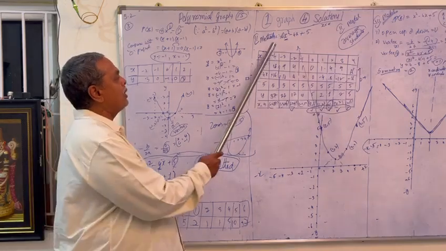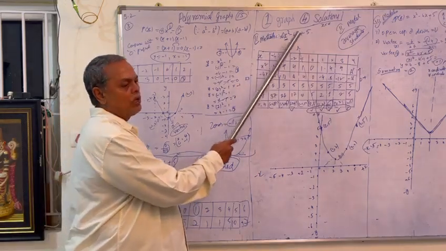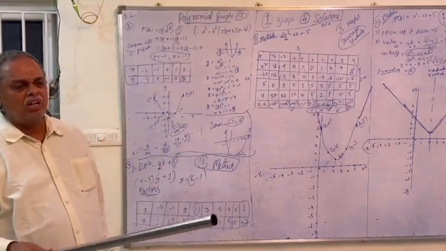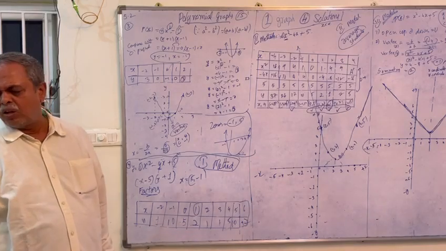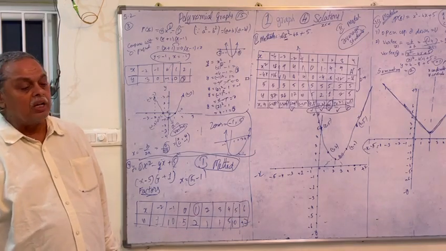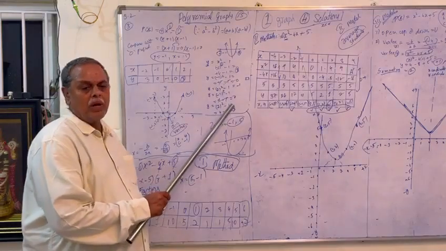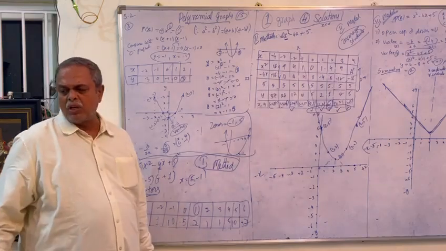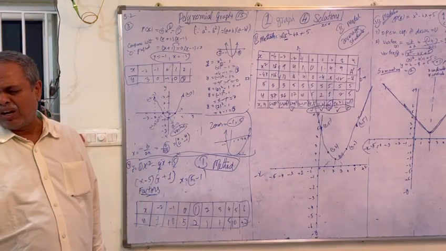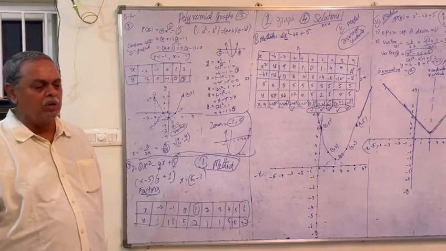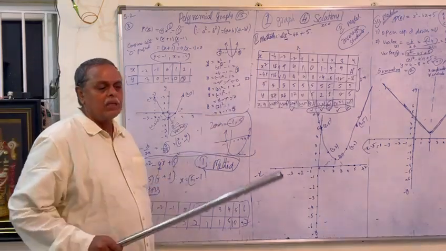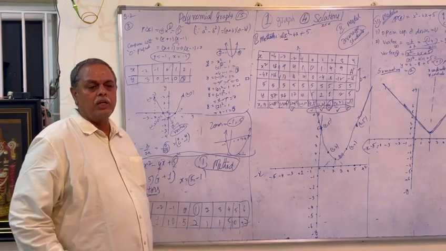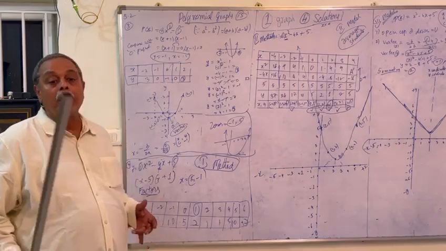Here the second method is x square minus 4x plus 5. Previously also I have told you, so listen. In logarithms I have taught you 0.23 and 2.3 in 5 methods.